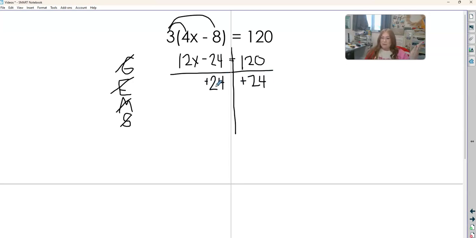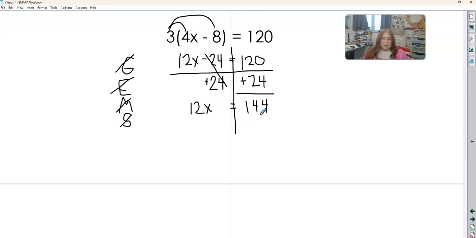Negative 24 plus 24 cancels out to 0. So that's gone. All that's left on this side is 12x. And that is going to equal, we're going to add this here, 120 plus 24, 144.